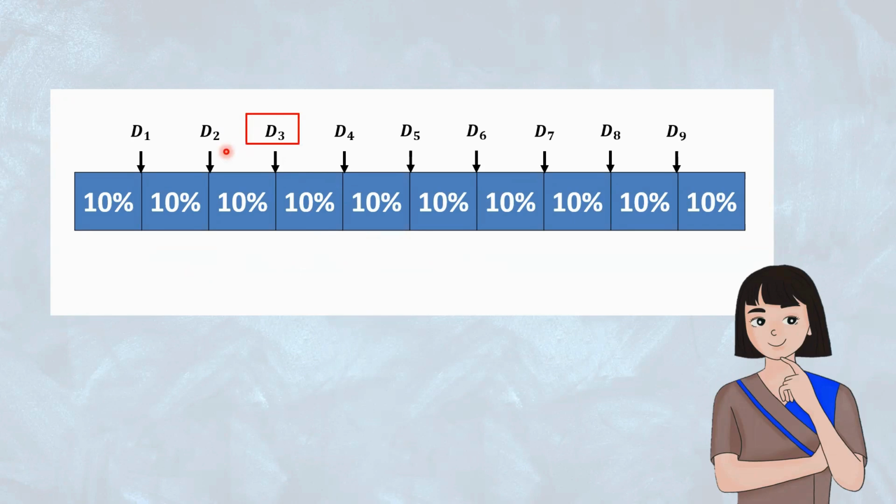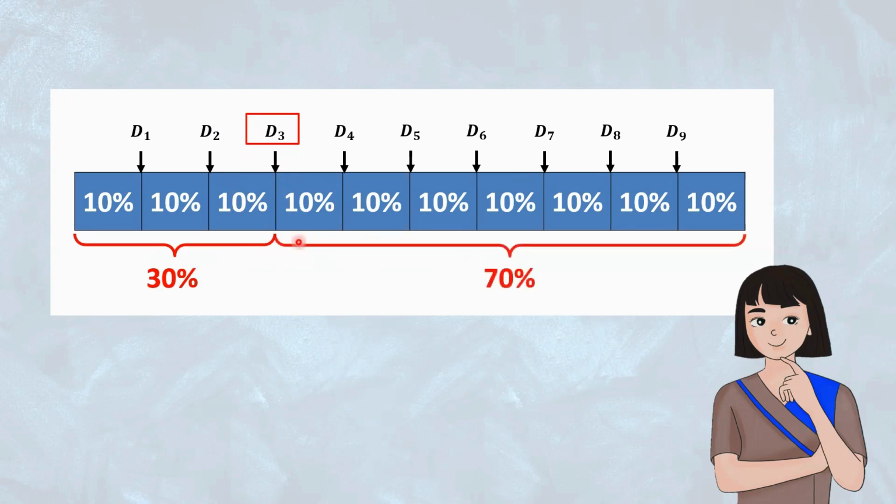If a score falls on decile 3, it can be interpreted as 30% of the scores in the dataset are less than or equal to our decile 3 value, and the remaining 70% are greater than or equal to our decile 3 value.